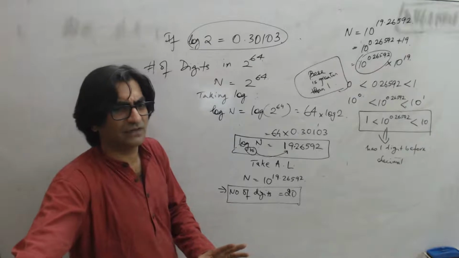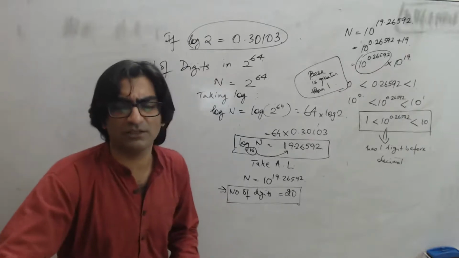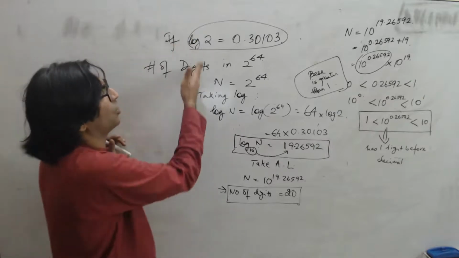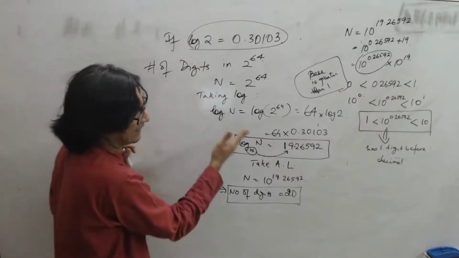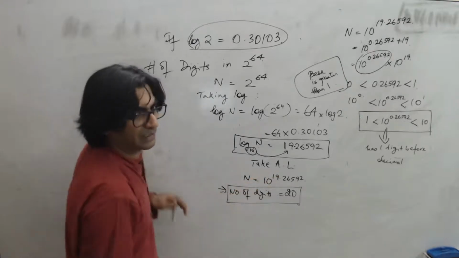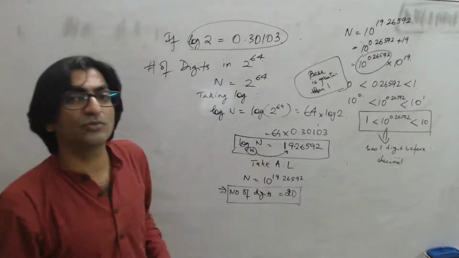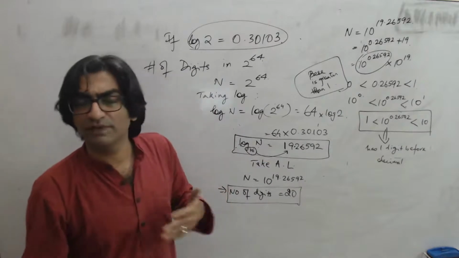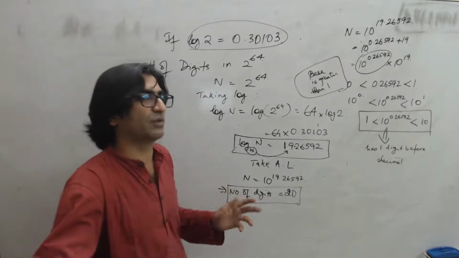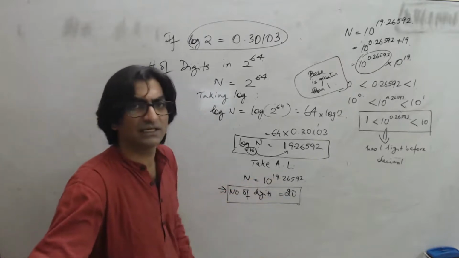It's a little complicated in terms of explanation, but I hope that you guys understand. So what you will do in such questions is take a log and then take an anti-log. And the moment you get an expression which contains 10 to the power something, know that 10 to the power x point something will have x plus 1 digits. So if I got 19.26, I'll say 20 digits.